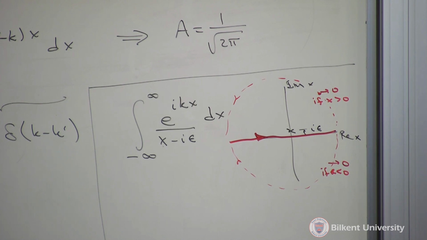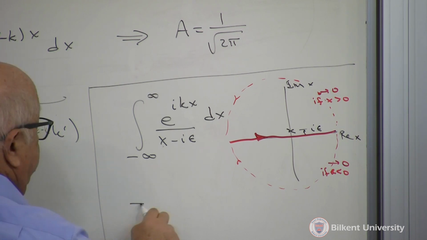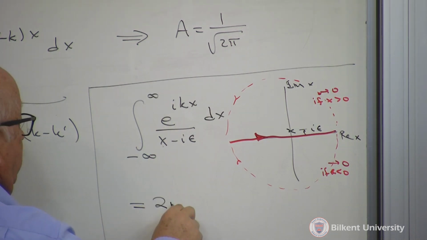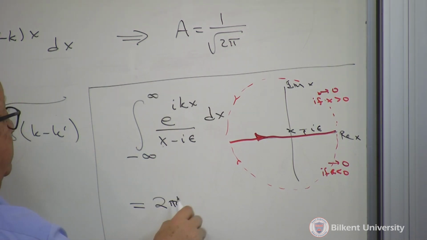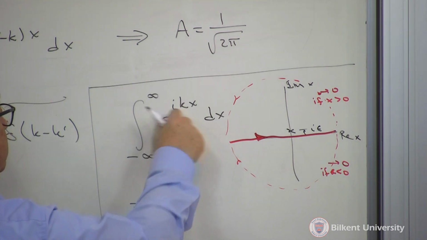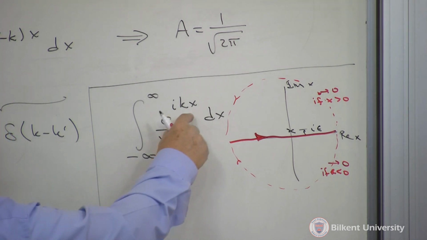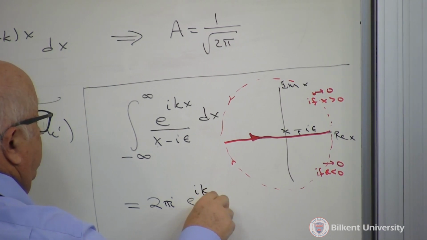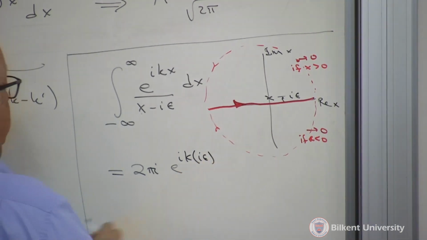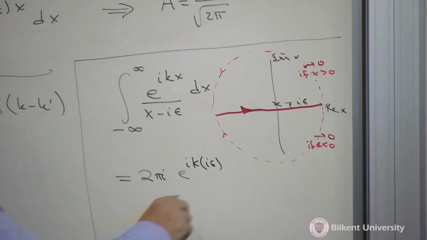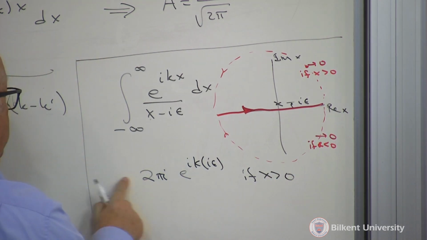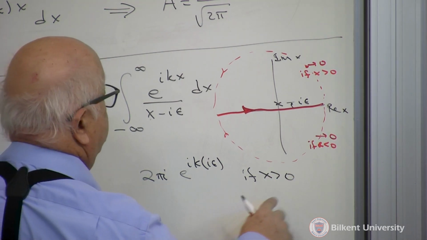And then, since it's a loop, you get the value of the residue. So you are going to get 2 pi i times, putting i epsilon into e to the i k x, e to the i k i epsilon, if k is greater than 0. You mean k? Yes, I mean k.